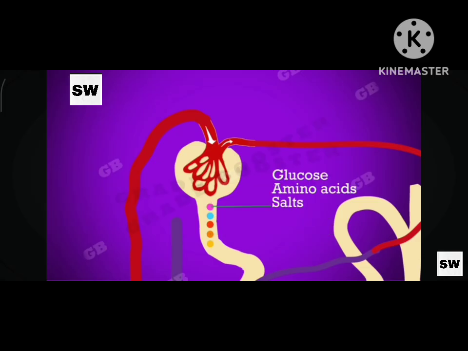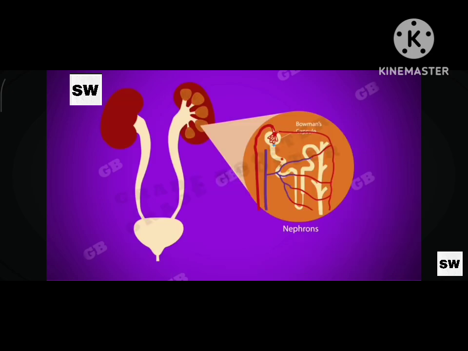Certain useful materials like glucose, amino acids, and salts are also filtered, but reabsorbed back into the bloodstream. The water with toxic waste molecules collected in the kidney is called urine. It is sent to the urinary bladder through the ureter. Once the bladder is full, it creates an urge to urinate. When we relax the bladder muscles to urinate, it passes out through the urethra.